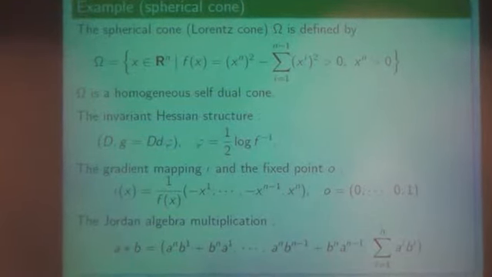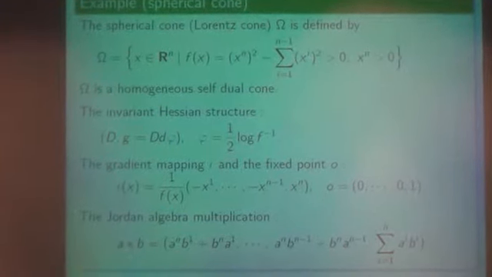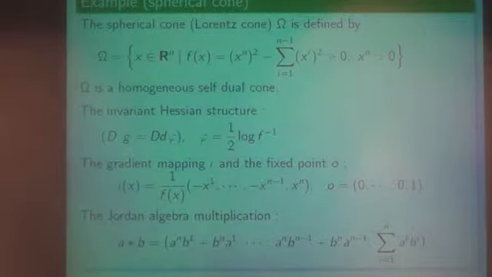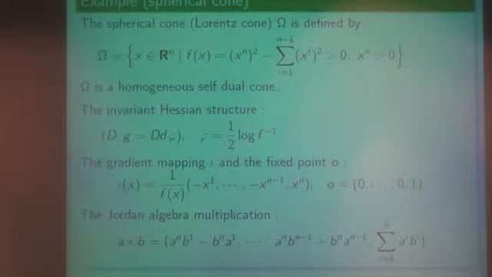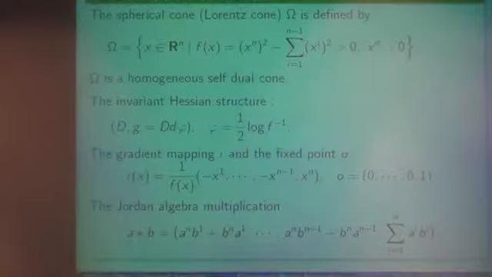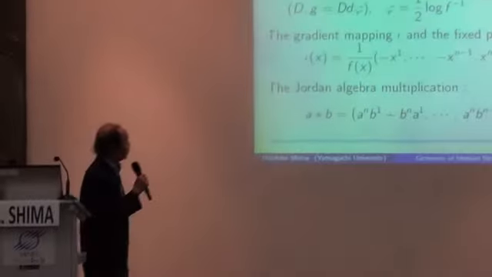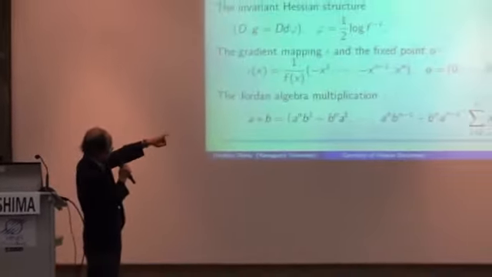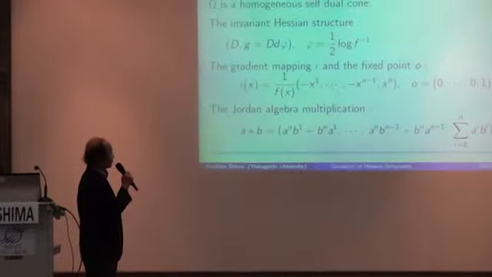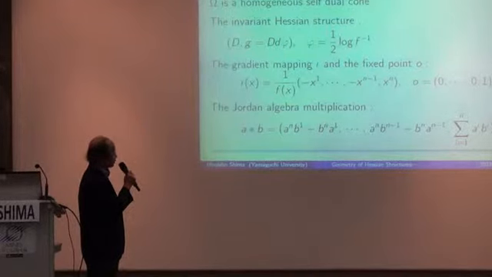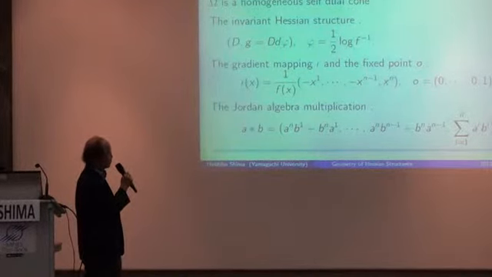The invariant Hessian structure D, g has the potential function phi equal to 1 over 2 log (1 over F). This is the potential function. The gradient mapping iota and the fixed point are given by this formula, 1 over F(x) times (x_1, ..., x_(n-1), minus x_n). The fixed point O equals (0, 0, 0, 1).